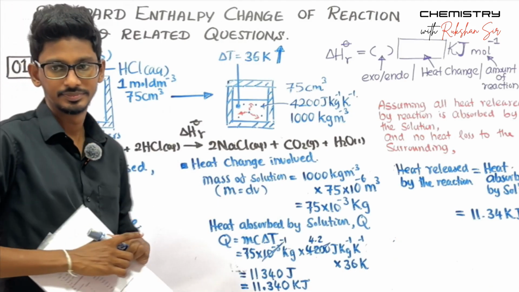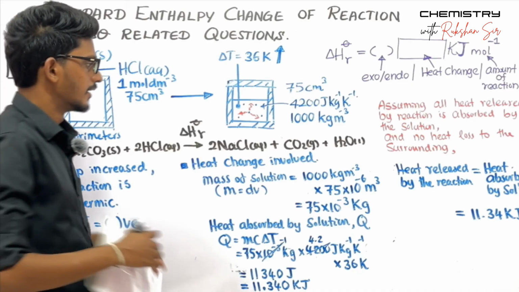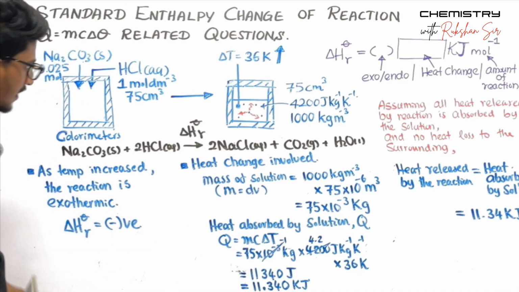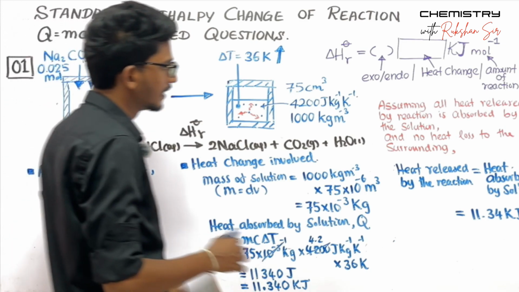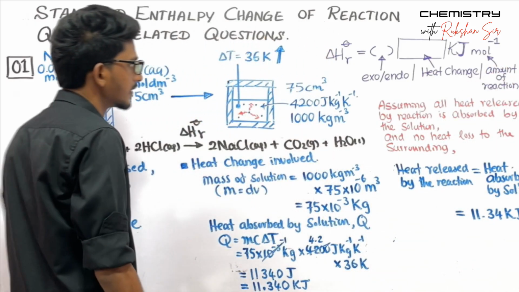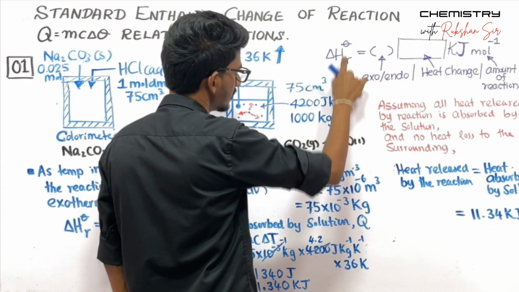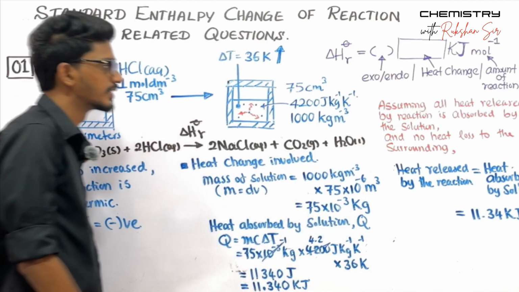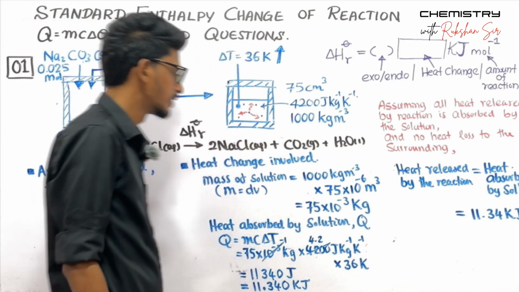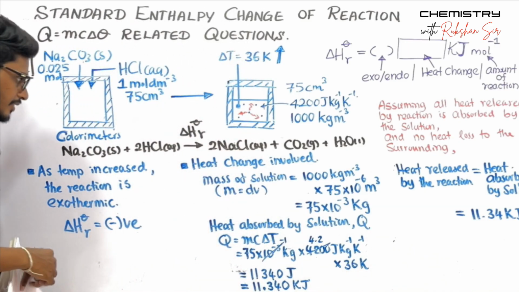Second part done. Final section, then the amount of reaction. It is per mole of reaction, so amount of reaction needs to be calculated now. For that we need to think of the limiting reagent as well.